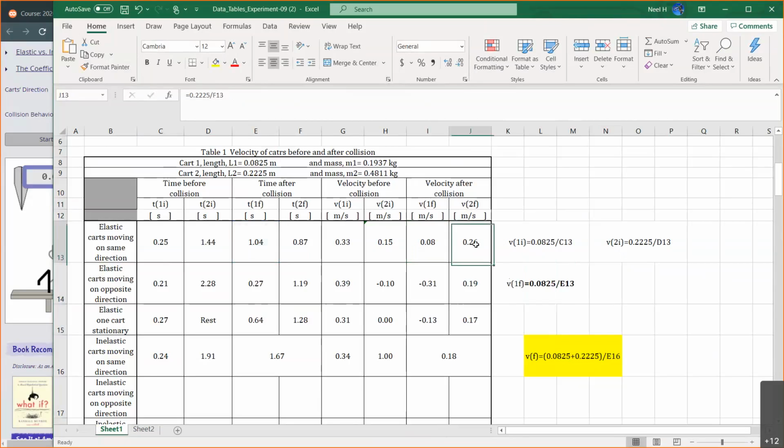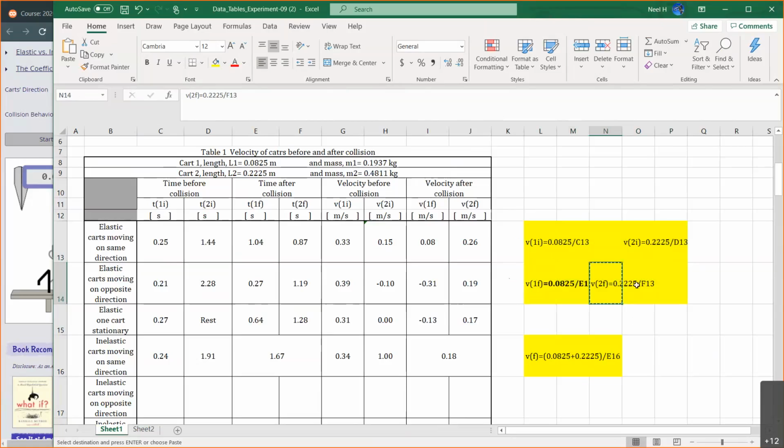And then v2f. Okay, now those are the commands which we used earlier.